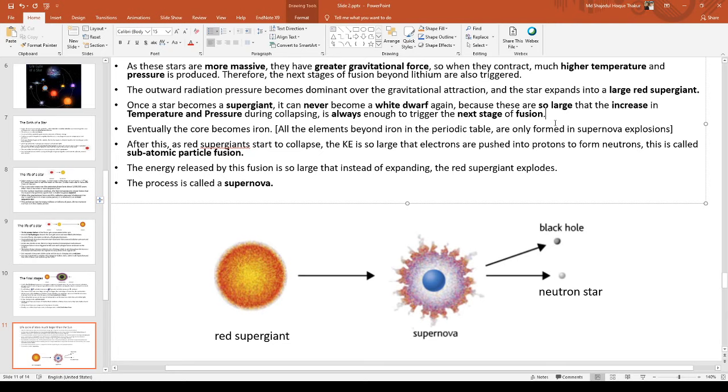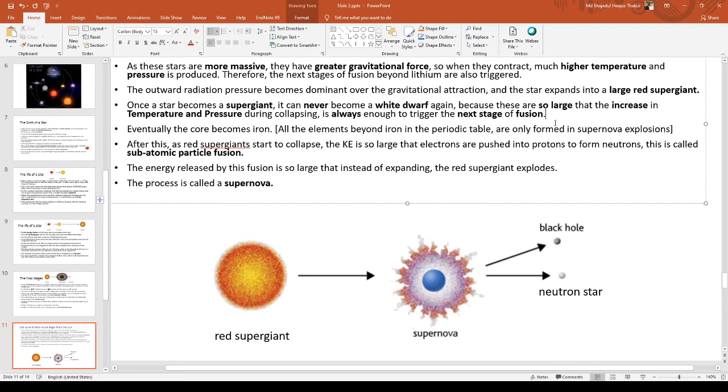Now what happens in these massive stars? Main sequence, hydrogen fusion, contracts, helium fusion, and beyond helium, lithium fusion, because the contraction is so large. So a huge amount of energy is released, so it becomes not just a red giant, but a red supergiant.